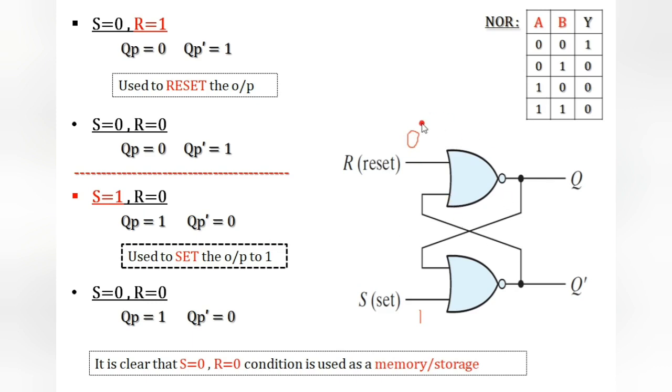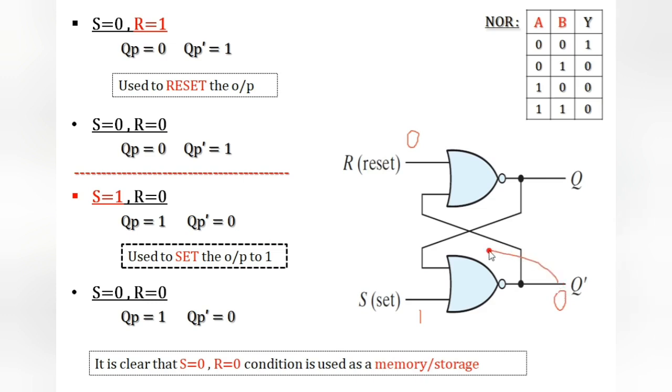So the operation is the same, S1 R0. In this condition, for different values of input, whatever it may be, either 0 or 1, we know one input, so we will get 0. So whatever the input may be, we will get 0 here.